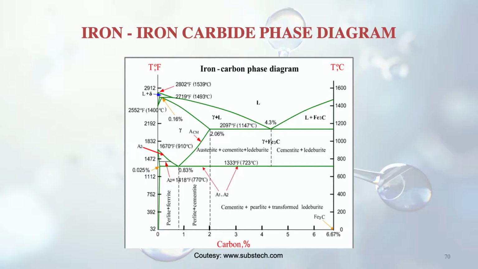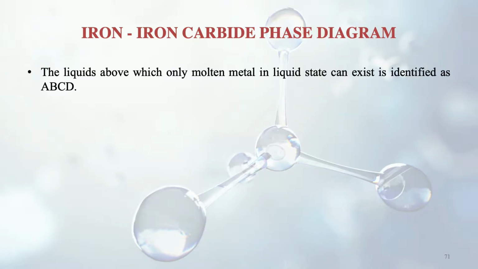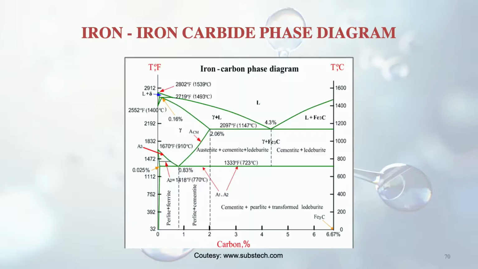Here in the diagram, you can see the liquidus, above which only molten metal in liquid state can exist, is identified as A, B, C, D. So in the curve you can see a portion A, B, C, D. Above this there is only liquid, no solid portion. You have to see carefully in the curve or graph.